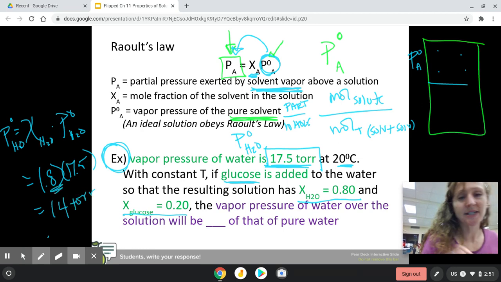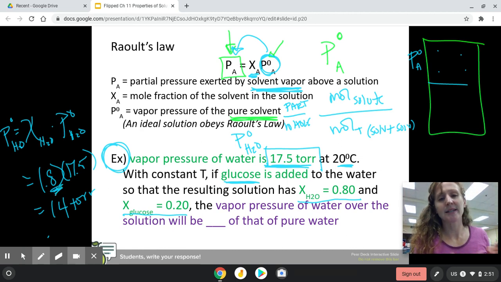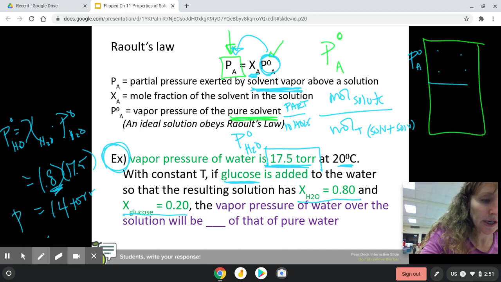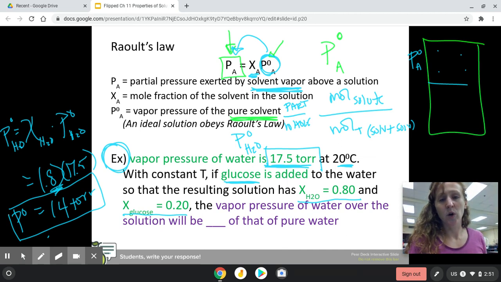Notice that mole fraction doesn't have a unit because it's moles out of moles, right? Technically, it's moles of water over moles total, but typically we don't put a unit on here. And here's our new vapor pressure of water. Notice it's gone down. It's gone down proportional to the mole fraction.